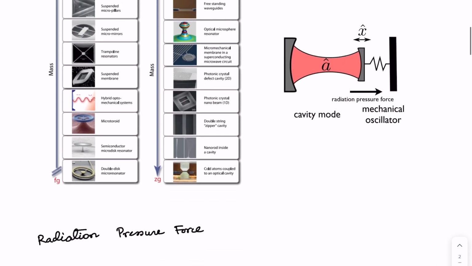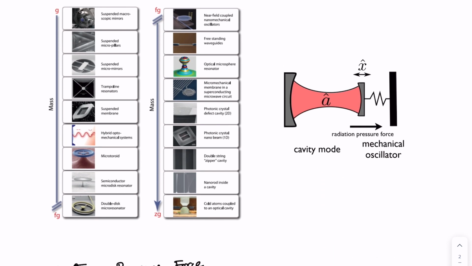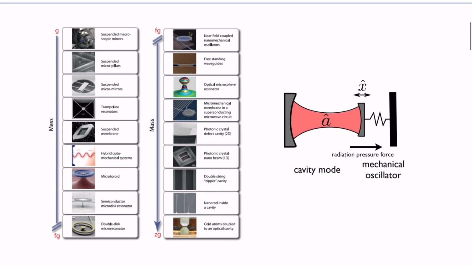And this particular model, where we have two mirrors separated by some distance, out of which one is movable, is capable of explaining many diverse optomechanical systems as shown in this figure. These diverse systems differ not only in their sizes but in their masses as well, and mass ranges from gram to femtogram to zeptogram.